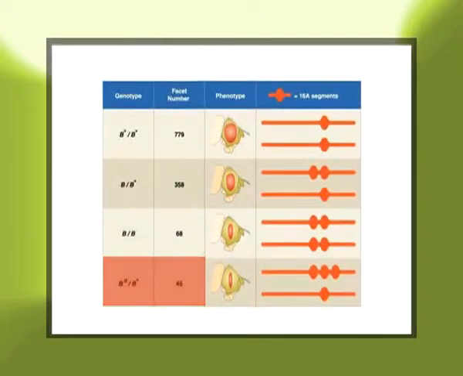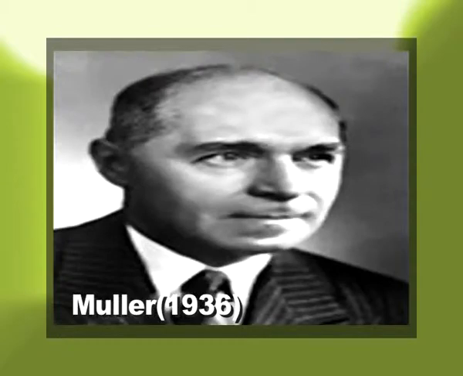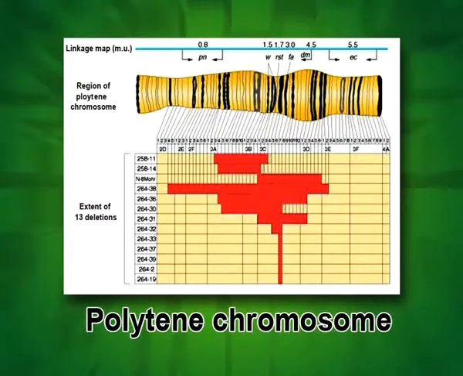Females are occasionally recovered with even fewer facets, that is 45, and are designated as double bar. Some 10 years later, Bridges and Muller compared the polytene X chromosome banding pattern of the bar fly with that of the wild type fly.